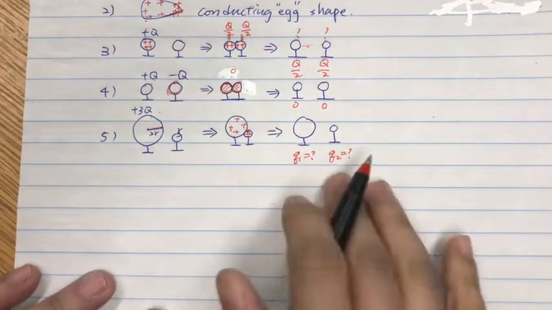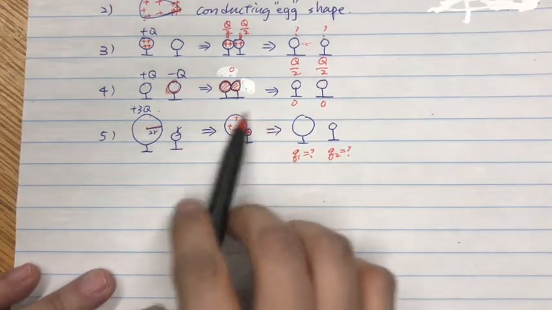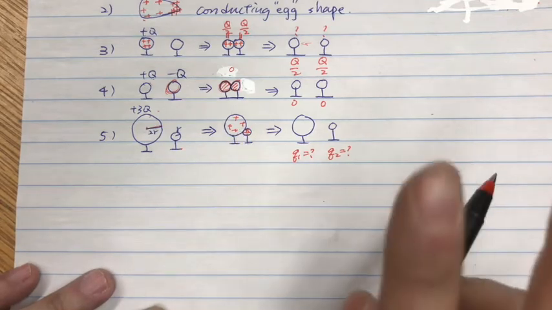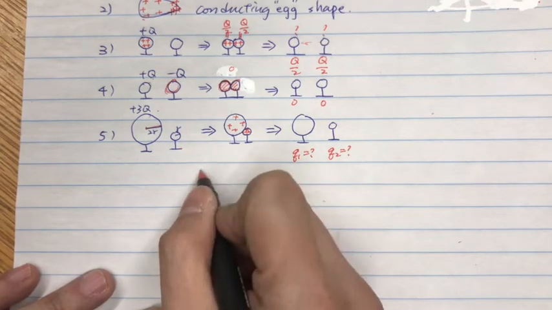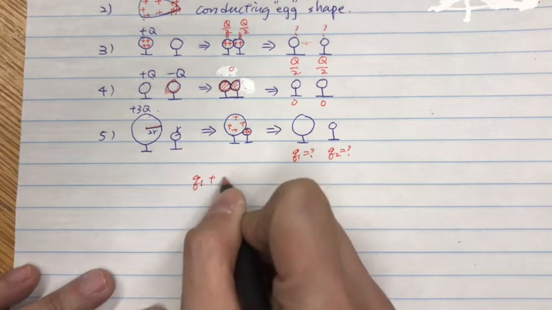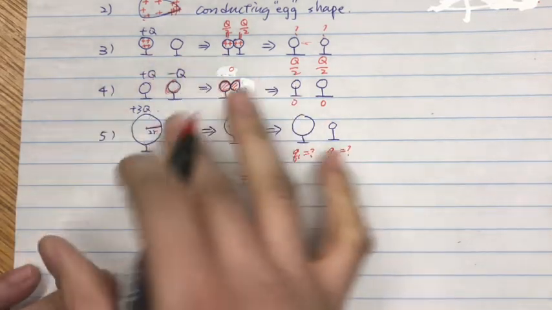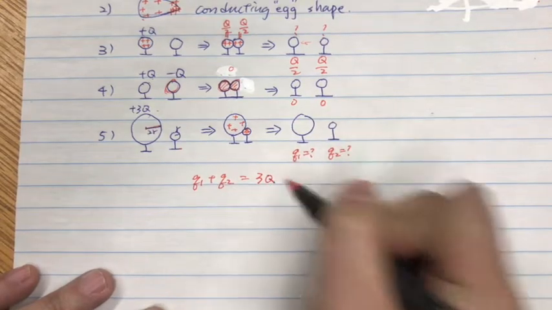In this case, we need to give it more thought. The whole point is what's happening here and how they redistribute the charge to make equal potential. So we know Q1 plus Q2, the net charge, is 3Q. So totally we have this 3Q to redistribute.